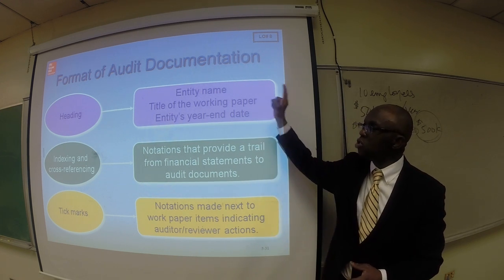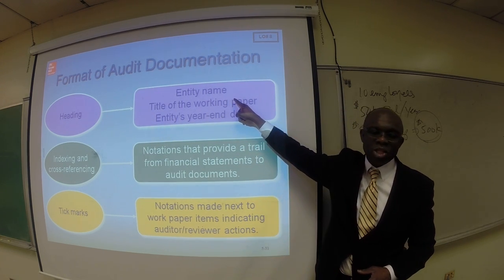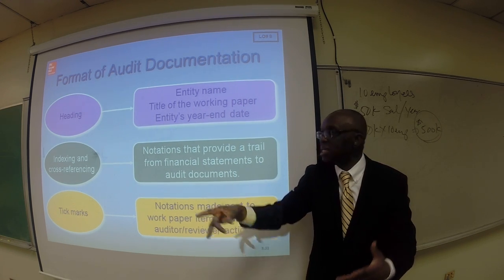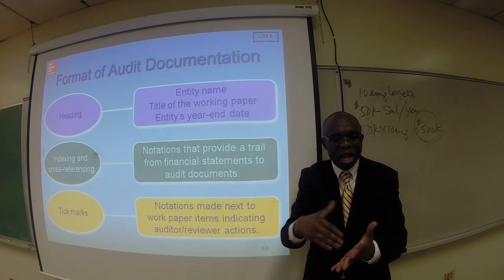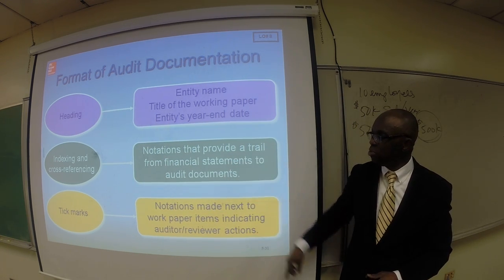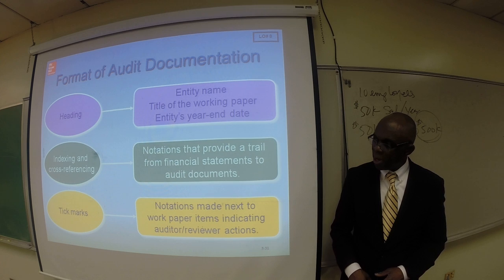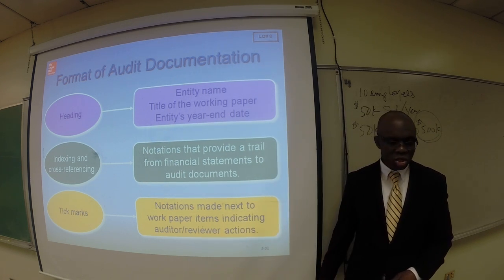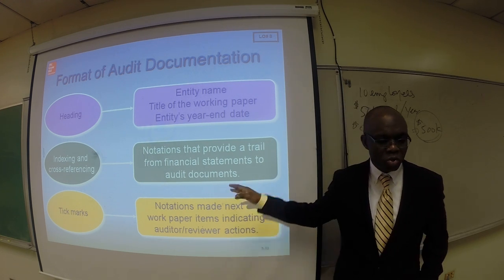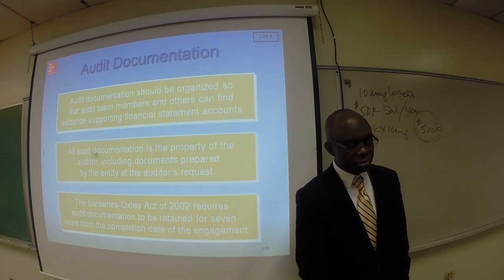Every work paper you are going to see three line items: the entity name, that is the name of the company you are auditing; the title of the work paper, what you are auditing, for example, prepaid expense testing; and the entity's year end, the end of the year that you are auditing. Indexing and cross-referencing are notations that provide a trail from financial statement to the audit documentation. So cross-referencing, I'm going to talk more about that in the classroom. Tick marks are notations made next to work paper items indicating the auditor's review. All this will make more sense to you by the time we work on cases relative to audit documentation.